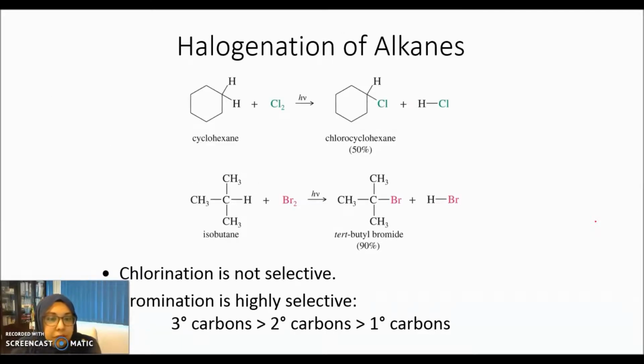Now, you have to see this further example of halogenation of alkane. In the reaction of chlorine with cyclohexane in the presence of hν, we will have chlorocyclohexane. And for the reaction of isobutane with bromine in the presence of hν, we will get tert-butyl bromide.